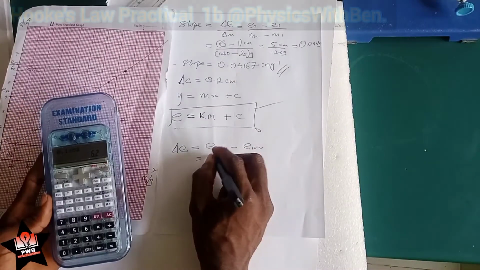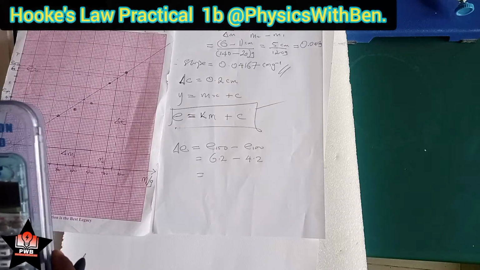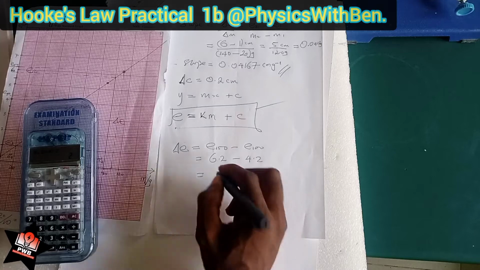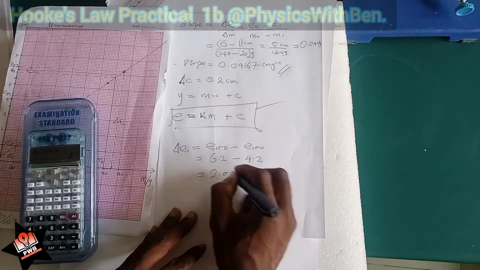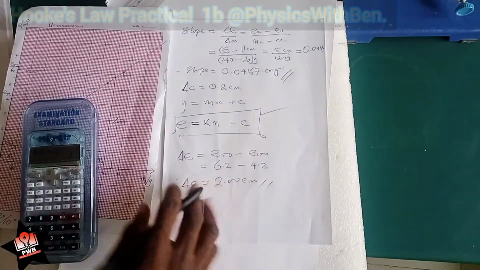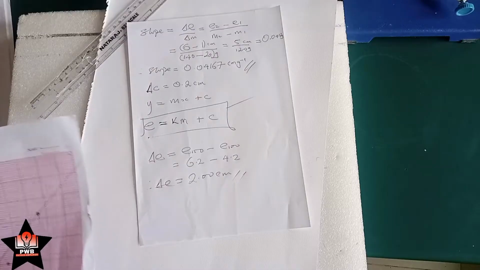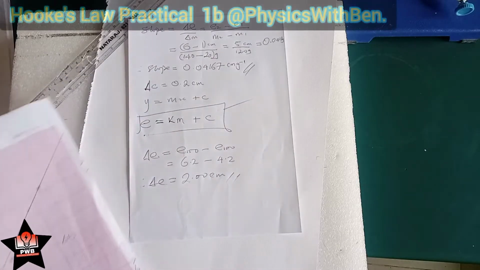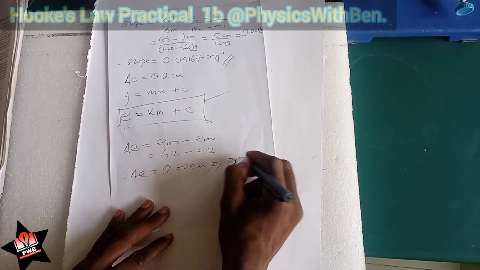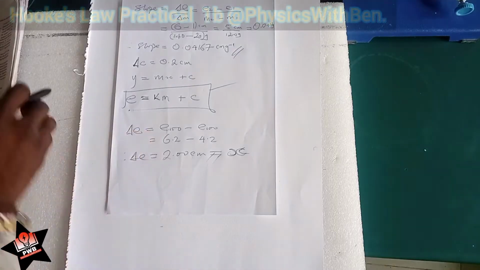So we'll have 6.2 minus 4.2. That will give us 2.00 cm. Therefore, the change in the extension when the mass increased from 100 to 150 grams is that. And this is the same thing as X in this particular question.